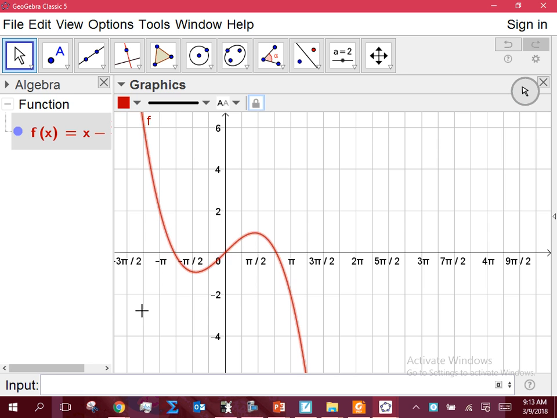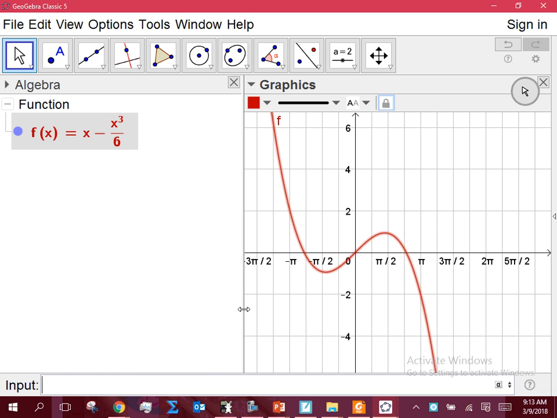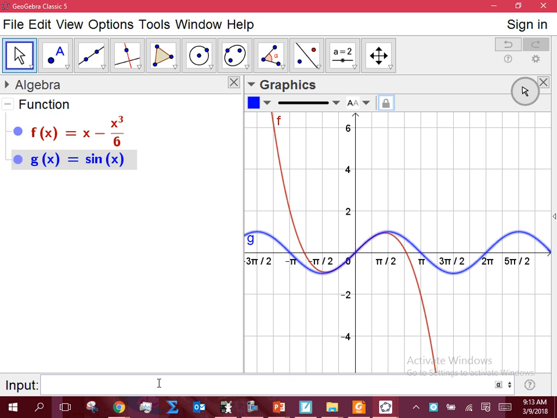If I type that in, that's all that is. That's a polynomial that we've dealt with in college algebra, right? Just a basic cubic function. Well, if I look at that, is that curve somewhat approximating the sine curve between maybe negative pi over 2 and positive pi over 2?